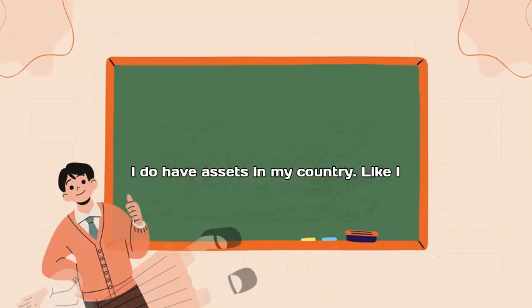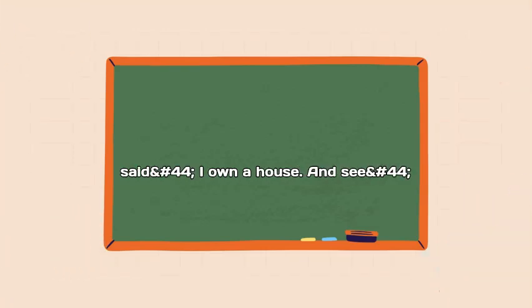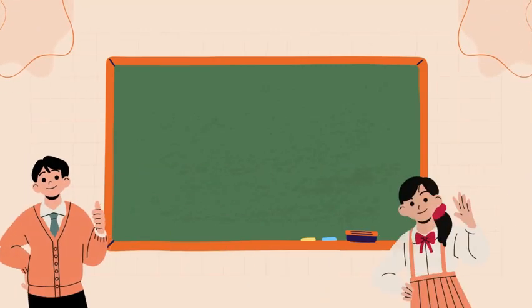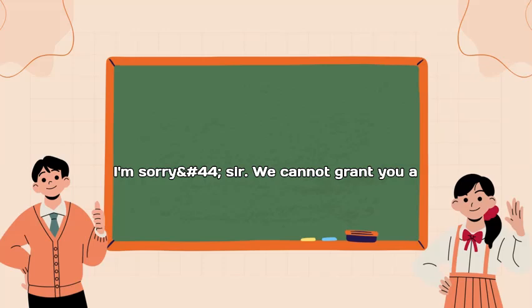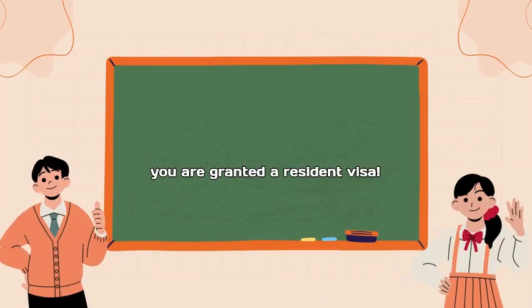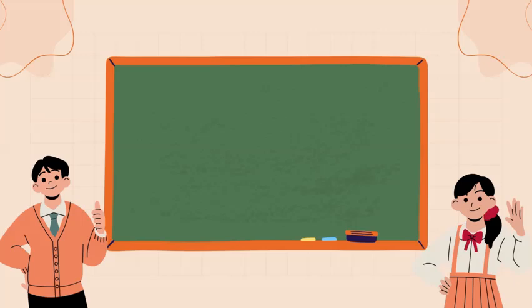Well, I do have assets in my country. Like I said, I own a house. And see, here's a bank statement showing my investments and my bank balance. I'm sorry, sir. We cannot grant you a B2 visa at this time. Instead, you are granted a resident visa! Congratulations! You are the millionth person to apply for a visa! You win! Congratulations! Yay!